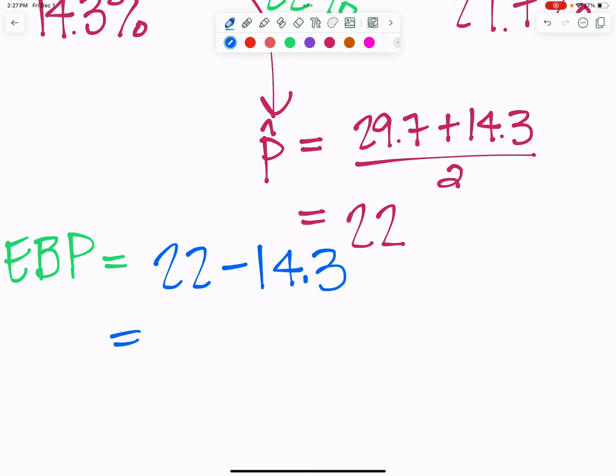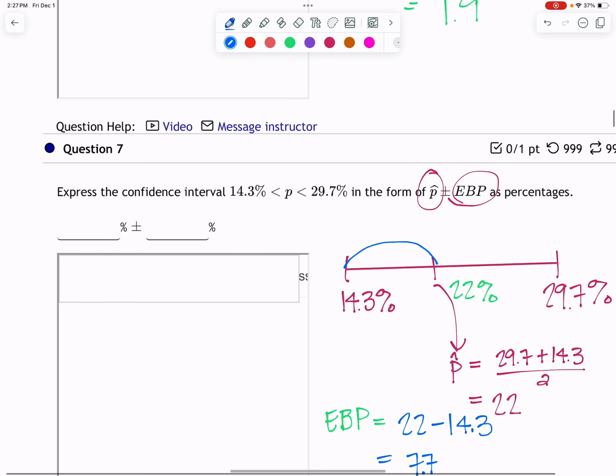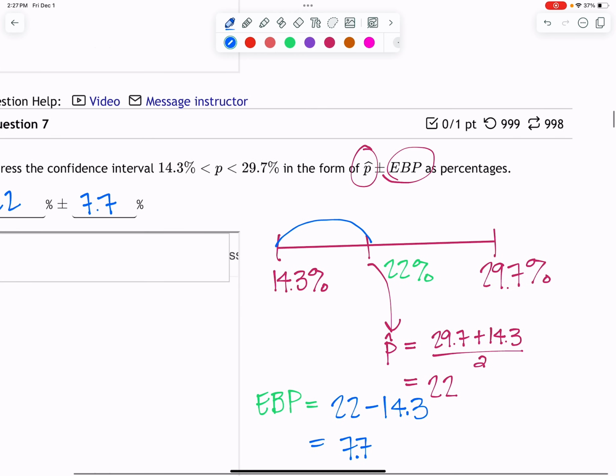Because I love you, I'm going back to my calculator. And I get 7.7 for my EBP. So when we express the confidence interval in the form P hat plus or minus EBP, we have P hat of 22, and they already have the percent symbol, plus or minus 7.7%.